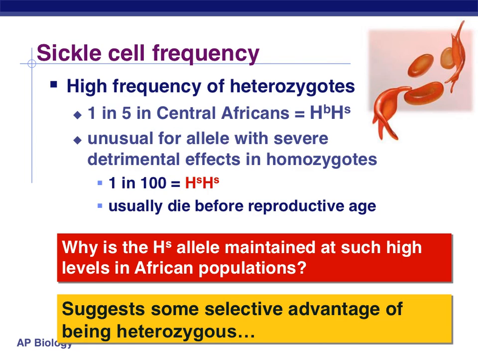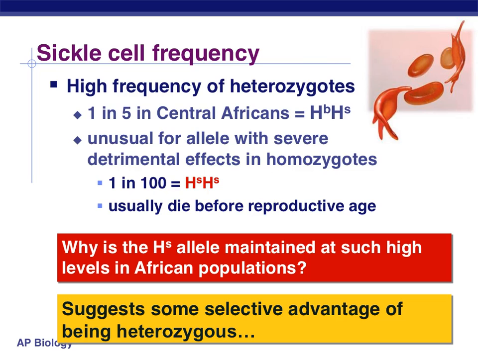When we examine the frequency of sickle cell, we realize that there is a high number of heterozygotes. About 1 in every 5 Central Africans has this heterozygote condition. We specifically talk about Africans because this is a condition that normally affects people of African descent.